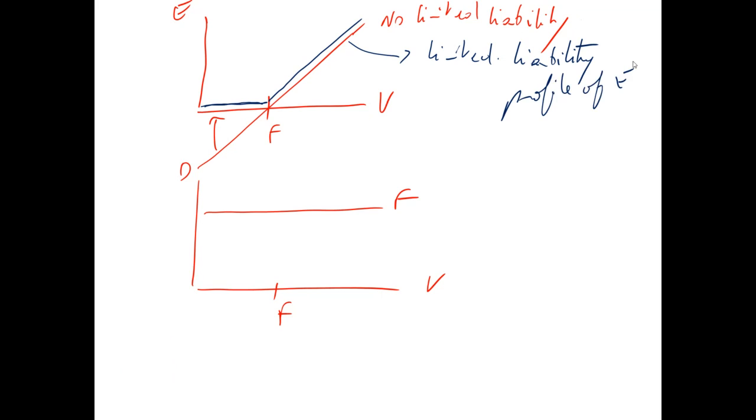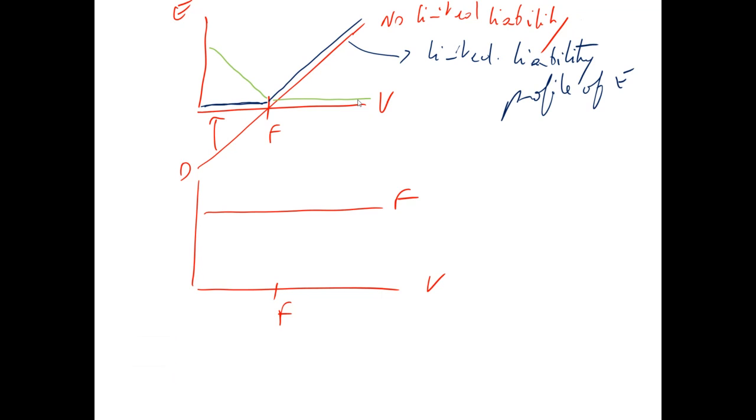Okay, and this is the one we started with. And you see that in order to go from the red to the black line, what you need to do is to do that. You have to buy a put.